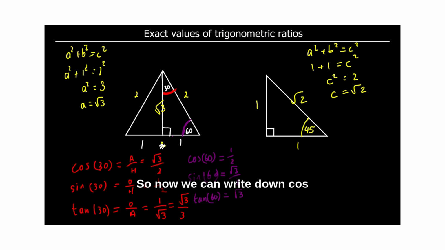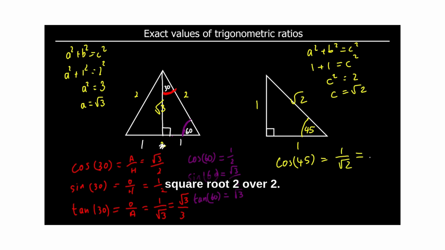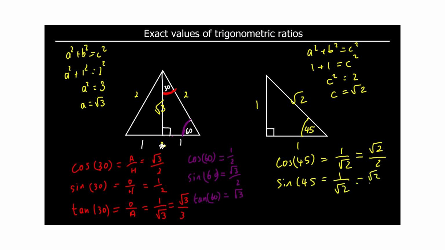So now we can write down cos 45, which is the adjacent over the hypotenuse, 1 over root 2. Or if we rationalize, square root 2 over 2. Sine 45 is exactly the same. And tan 45 is opposite over adjacent, 1 divided by 1, which is 1.